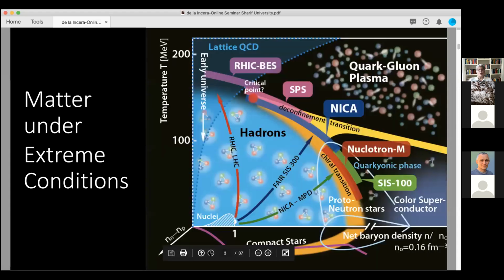Let me try it here. Now do you see the phase diagram? Now it's okay. I guess I will have to change the slides from here. Okay, I figured it out.